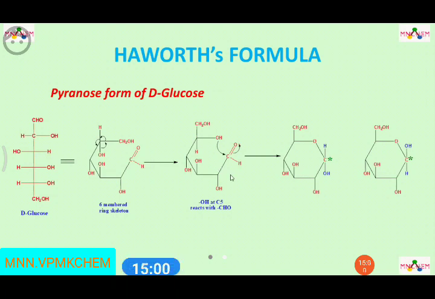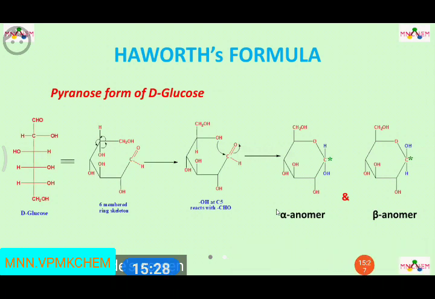These six-membered oxide rings are of two isomeric forms, alpha anomer and beta anomer. The alpha anomer is called alpha-D-glucopyranose, whereas the beta anomer is named beta-D-glucopyranose.